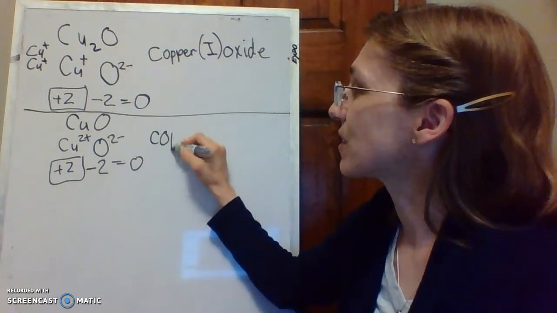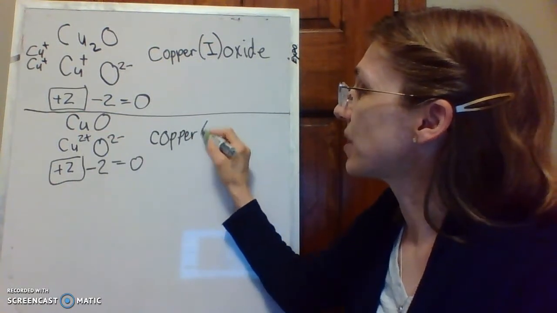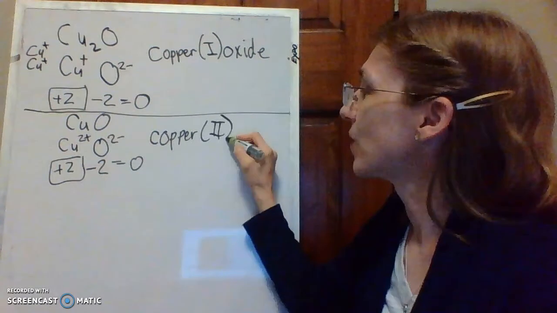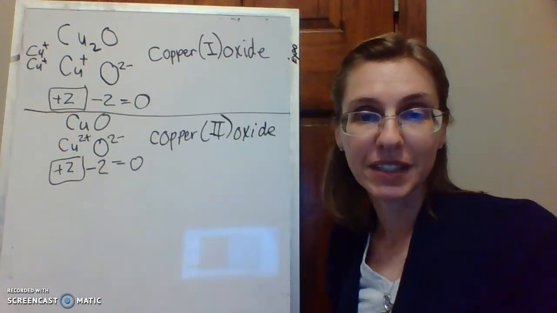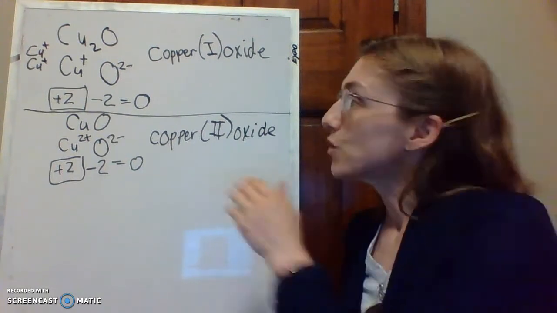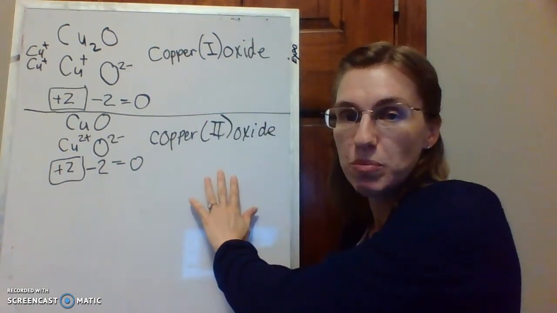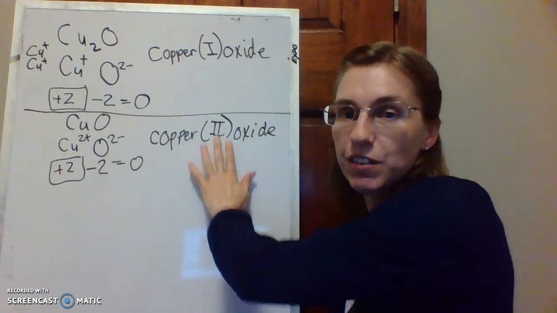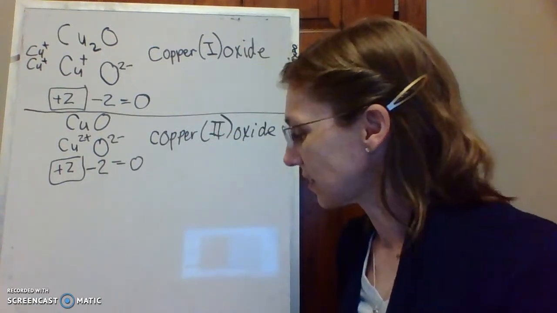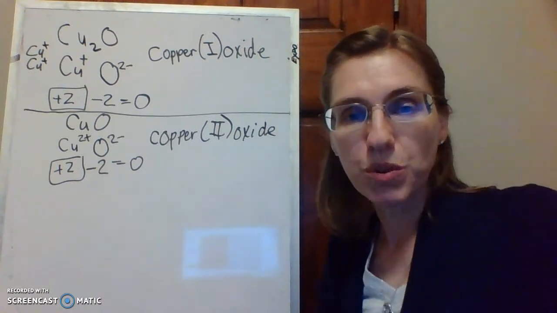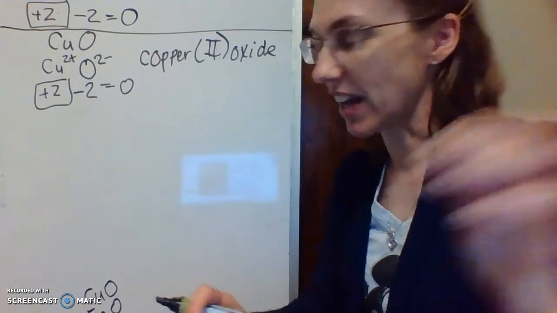The positive guy is copper, parentheses 2, oxide. So clearly, these two compounds, very different. They're going to have different properties, copper 1, copper 2. Okay. Let's work on a couple more examples to make sure that we have this clear in our head.